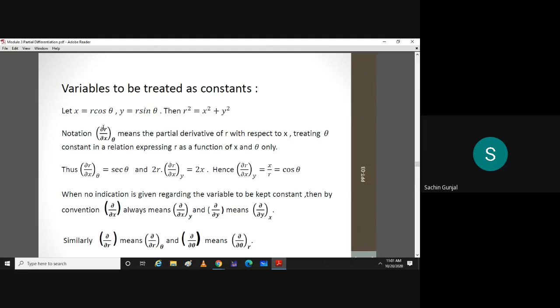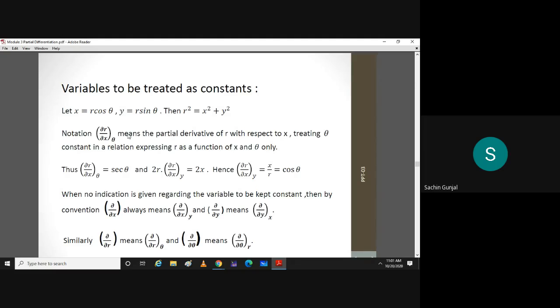So partial derivative of r with respect to x suffix theta means derivative of r with respect to x treating theta constant, provided there is direct or indirect relation between r, x and theta.